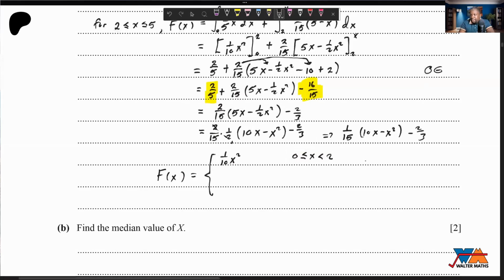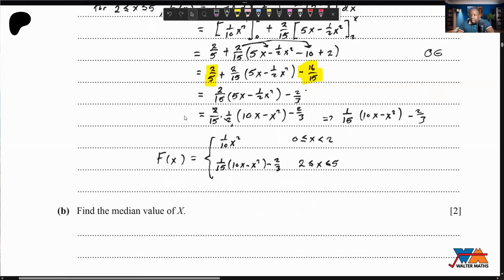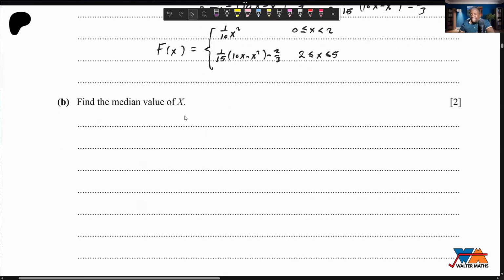We also have a 15th of 10x minus x squared minus 2/3, and that is for 2 up to 5. Okay. And so that's what we're getting for the CDF. You can also say that, okay, even we can just leave it like this. It's all right. So we're now on part B, and it says we should find the median value of x.